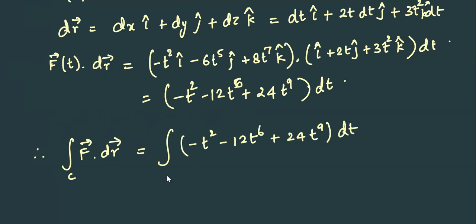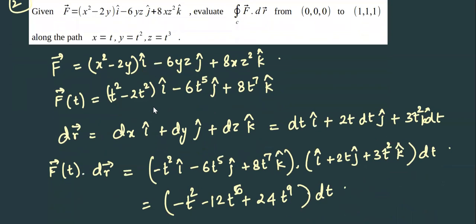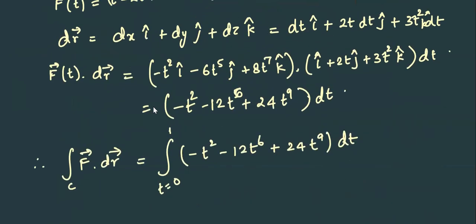And this integral path is from t equal to 0 to t equal to 1, because you can cross check. X, Y, Z all vary from 0 to 1. So t will also vary from 0 to 1 in all cases.